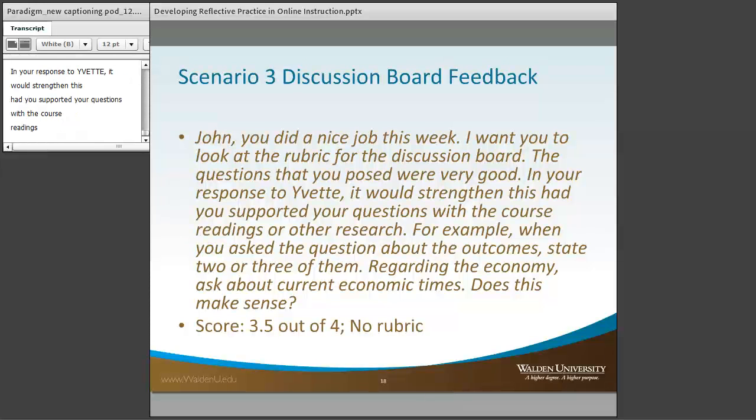For example, when you asked the question about the outcomes, state 2 or 3 of them. Regarding the economy, ask about current economic times. Does this make sense? And again, I know there are a couple of grammatical issues here, but this is a real life example, so I copied it as it was written.